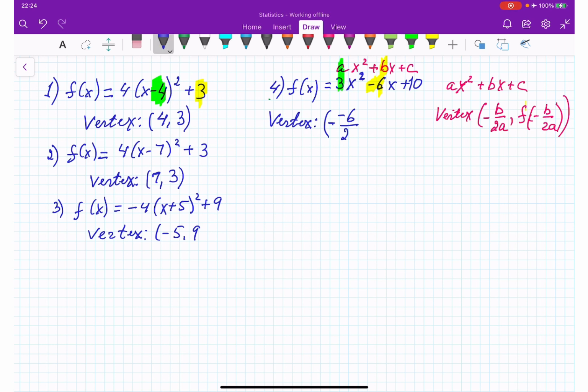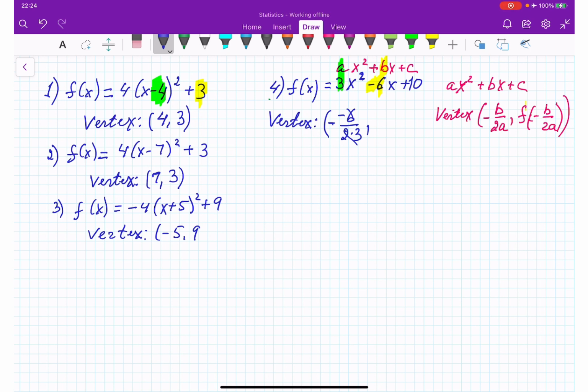We divide by 3. That looks like positive 1. So all I'm going to do is plug x as positive 1, because the 6 cancels and the negative, negative will give me plus.